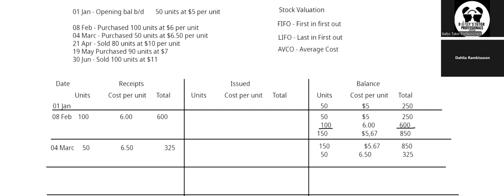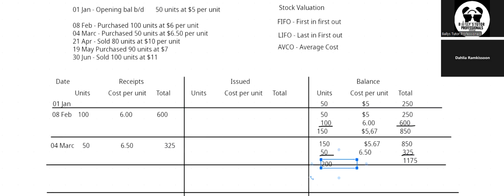So my total cost will be 850 plus 325, 1,175. That's my total cost. And then I have to calculate my total units, which is 150 plus 50, that is 200. And then from that, I will use it to calculate my cost per unit or my average cost.